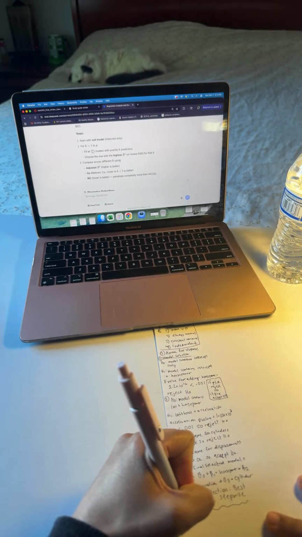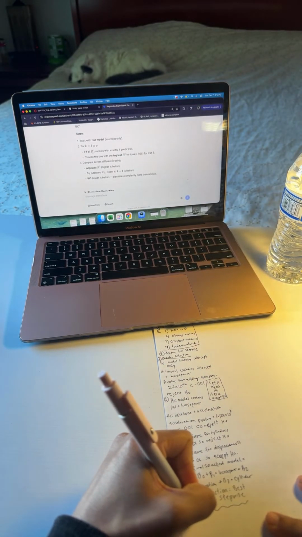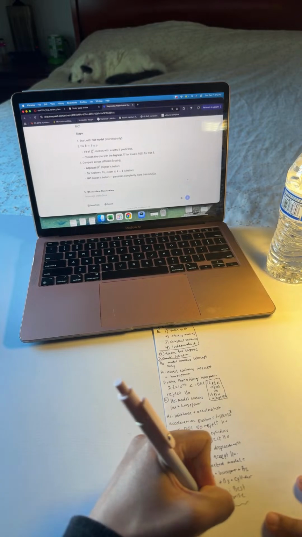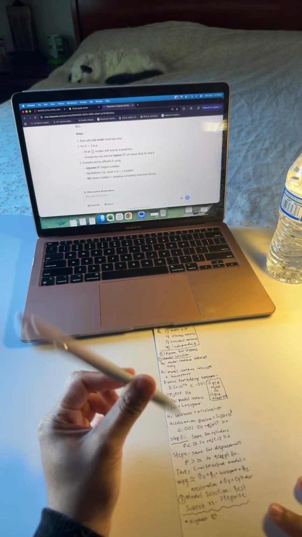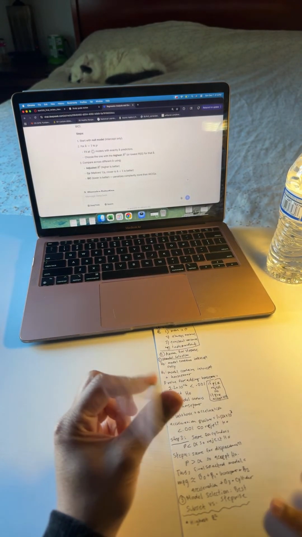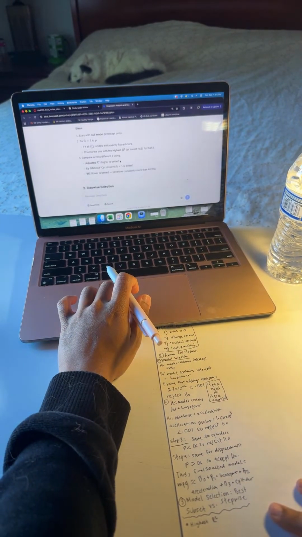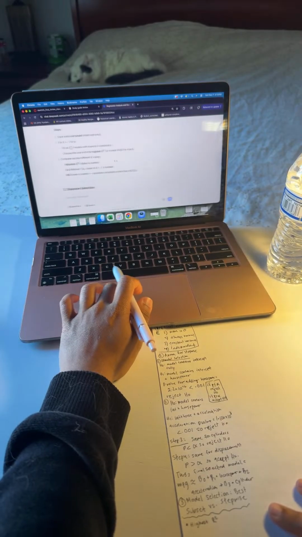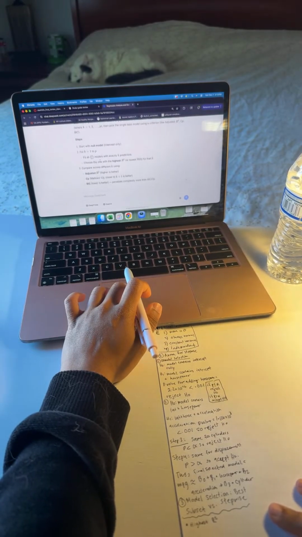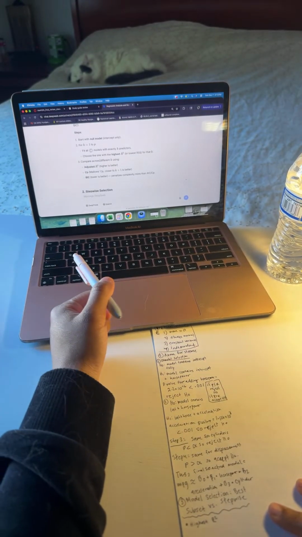So let's say highest r squared is best. No, that's adjusted r squared. Highest r squared starting from intercept is always the first thing.